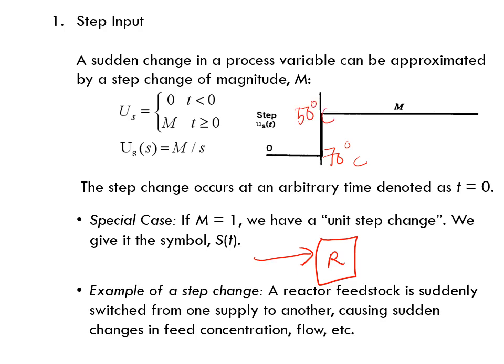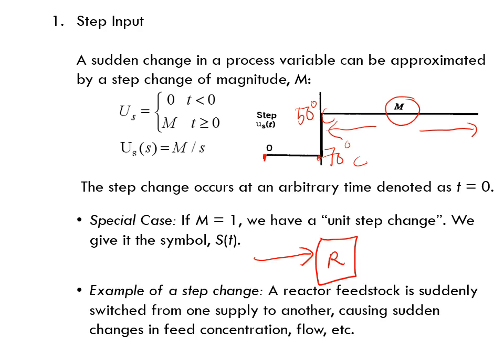So a sudden change in a process variable can be approximated by a step change of magnitude. This is the magnitude from the initial steady state to a new steady state. At time equals 0, the magnitude will be 0, where no change happens to the steady state of the process control parameter.